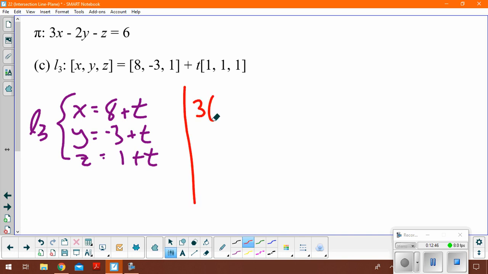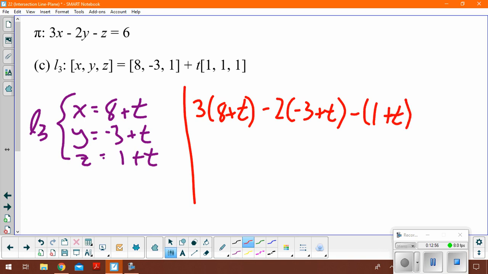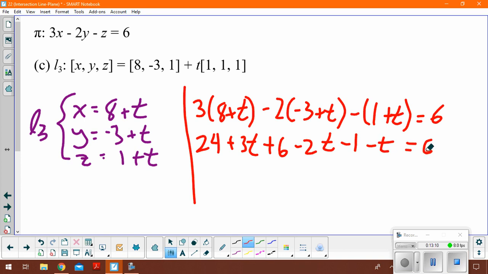So 3 times 8 plus t, minus 2 times negative 3 plus t, minus 1 plus t is equal to 6. So 24 plus 3t plus 6 minus 2t minus 1 minus t is equal to 6.